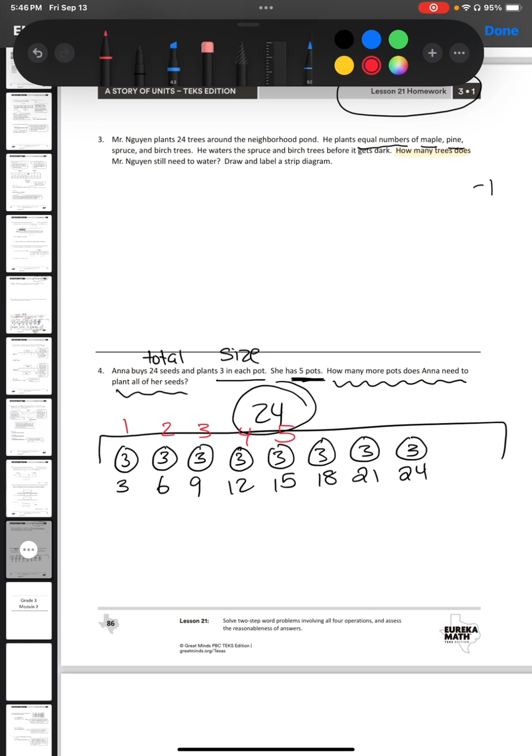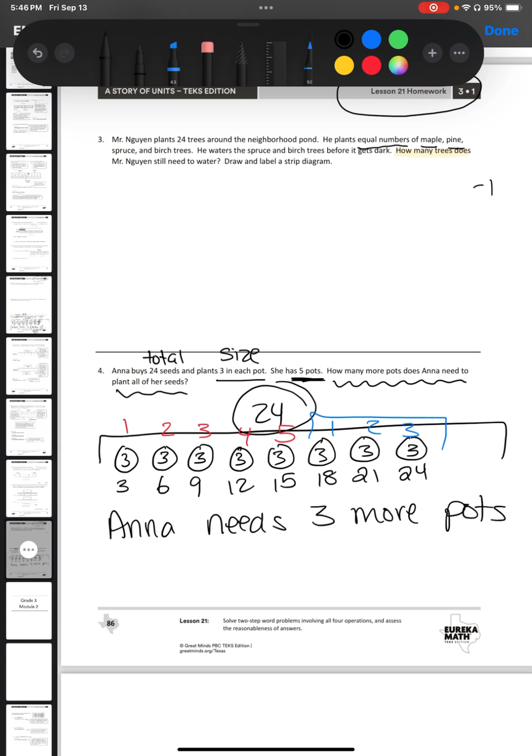Well, the how many more is going to be shown right here. She needs 1, 2, 3 more pots to be able to plant all of her seeds. Let's write that in a complete sentence. Anna needs 3 more pots to plant her seeds.